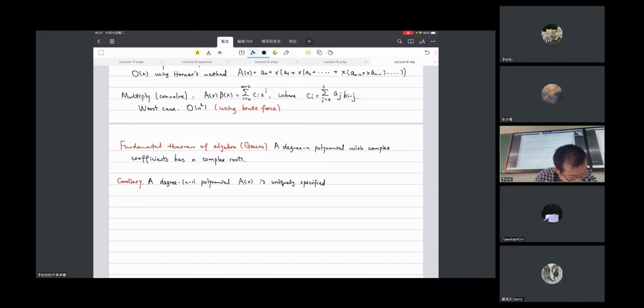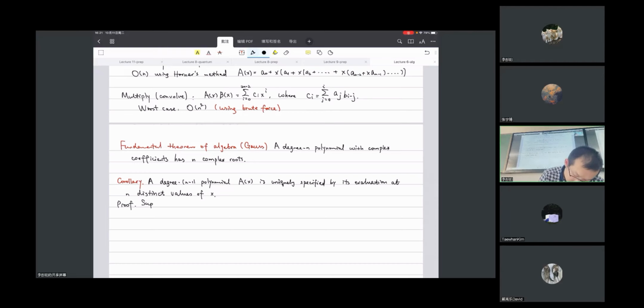specified by its evaluation at n distinct values of x. So what do we mean by that? We consider a direct proof here.